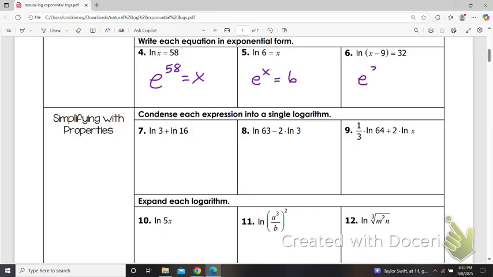E to the 32nd power is equal to x minus 9. And you could write x minus 9 equals e to the 32nd. I mean, the sides of the equation don't matter. We can also condense.